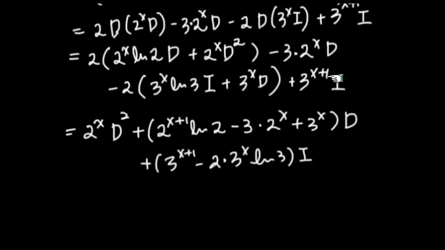So these simplify to this part right here. So again, this D squared operator and D and I, these operators are on the right. So it's kind of easier. You go through the operator first, and simply after that you just multiply by this function. That's how we reorganize this.